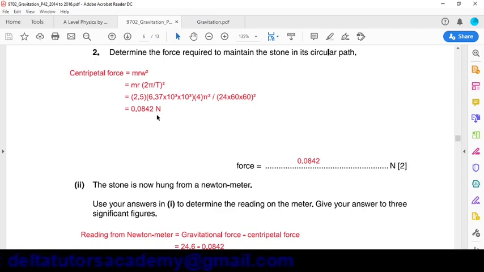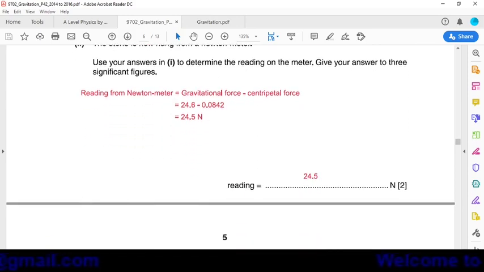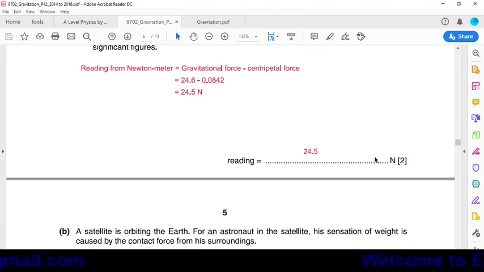For resultant force, we have to subtract, taking the difference of gravitational force and centripetal force. We subtracted centripetal force from the gravitational force and got the answer 24.5 Newton. So the reading on the Newton meter, the resultant force, is 24.5 Newton.